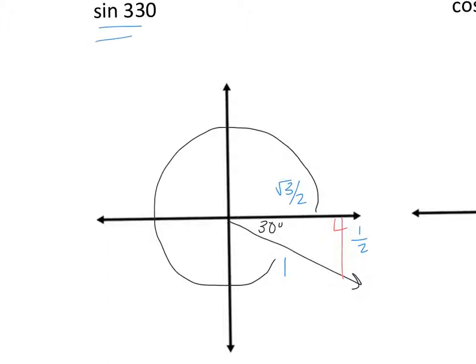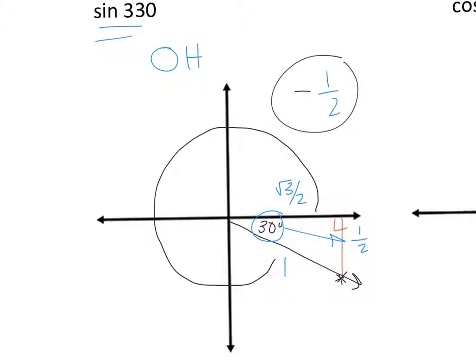So the sine is opposite over hypotenuse. So opposite is 1/2 over 1. So now for sine, look at the y value. The y value is down here. So the y value is negative. So the answer is negative 1/2.